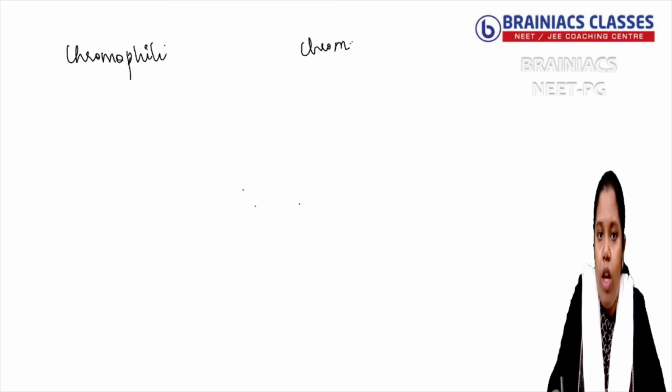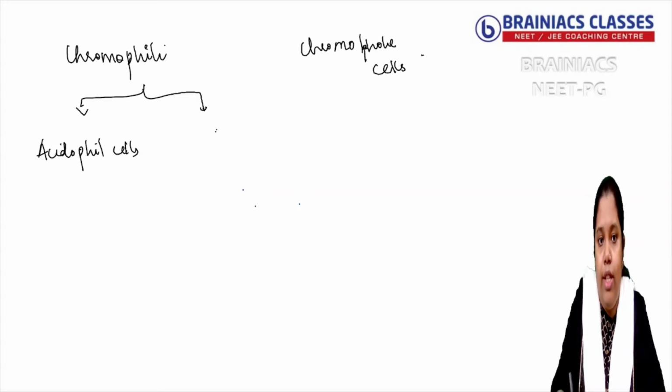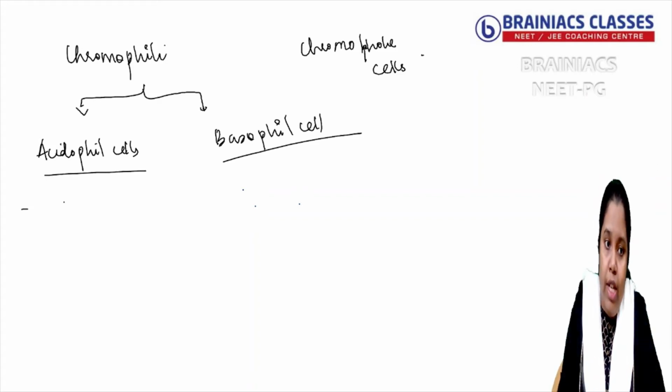This chromophil cells is divided into acidophil cells and basophil cells. The acidophil cells include somatotrophs.